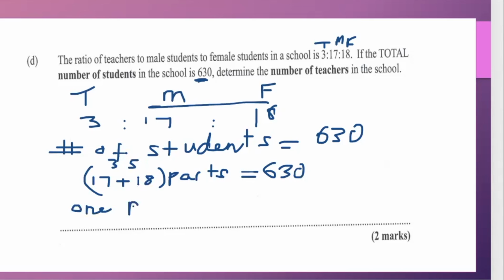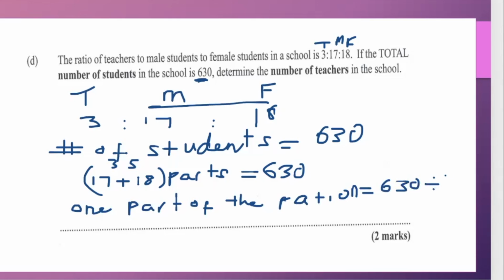So if I want to know how much one part represents, then I would have to divide 630 students by 35 parts. Remember, 35 parts give me 630 students. So one part, how much will that give me? So I will say 630 divided by 35 parts, and that will tell me the amount that one part is worth. So one part is worth 18.